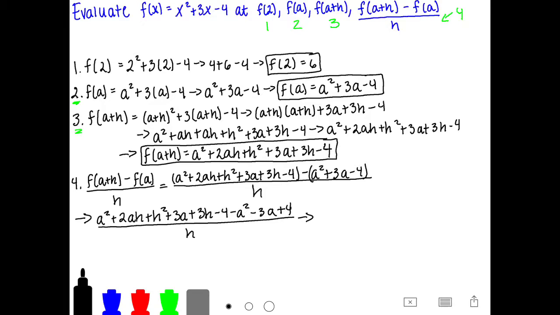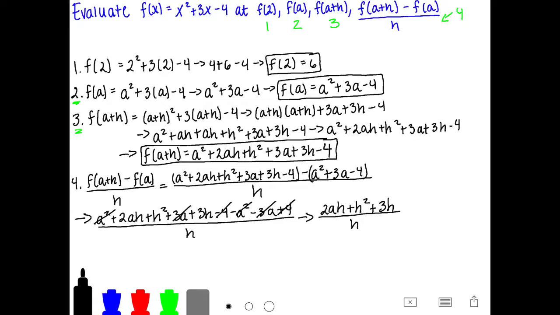And then you can cancel out some of these terms. You can cancel out the a squared because we have one positive, one negative. Cancel out the 4's because we have one positive, one negative. And same with the 3a's. So now you're just left with 2ah plus h squared plus 3h, all over h.